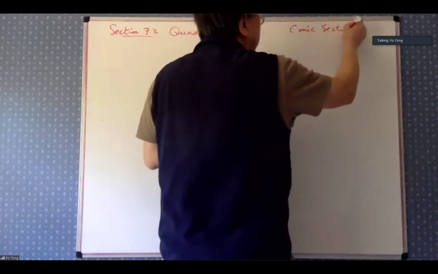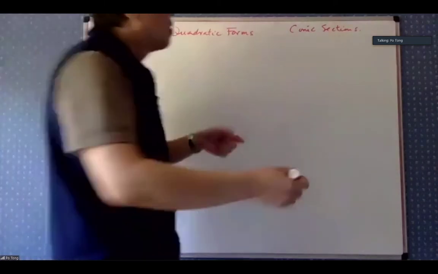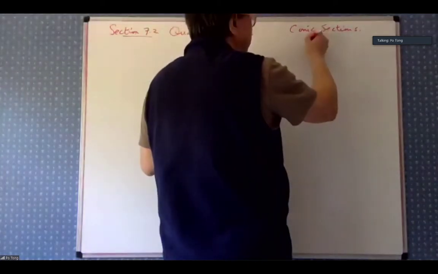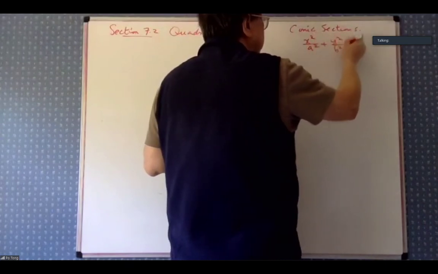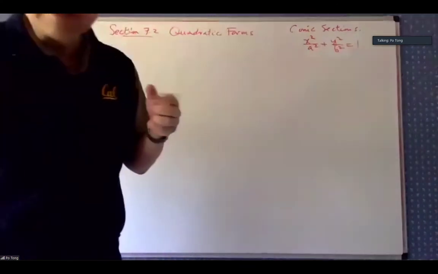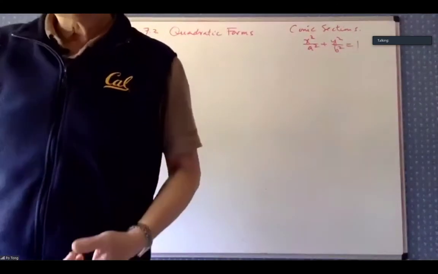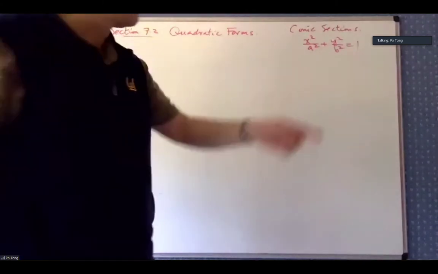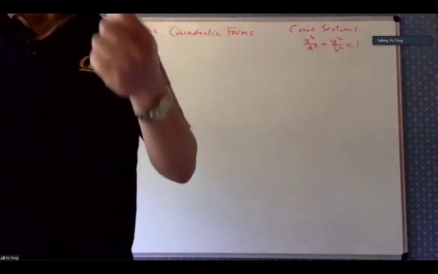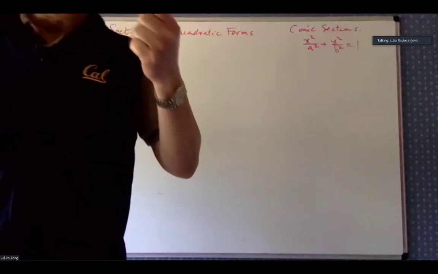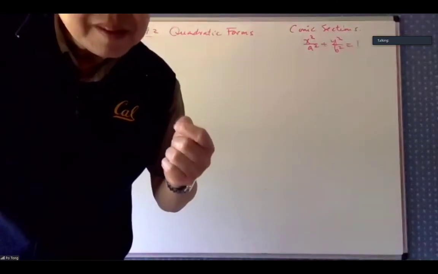Some of you probably did. You have something like this. This is the equation of, anybody know this? Circle? Circle, when A is equal to B. When A is not equal to B, an ellipse. Did someone say something? Luca, you said an ellipse? Yeah, it's an ellipse.